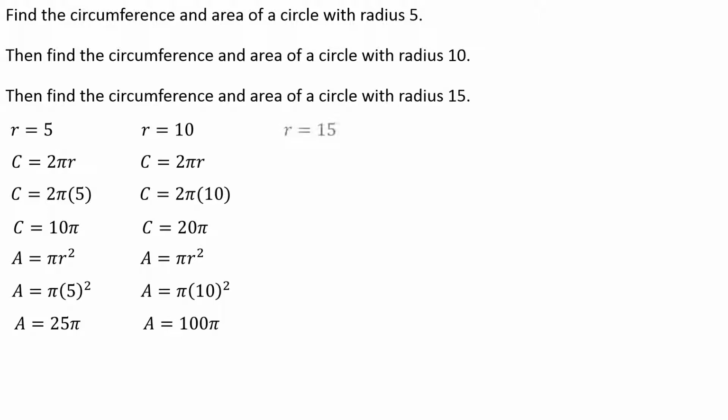Okay, radius of 15. Circumference, of course, is 2 times pi times the radius. So I need to do 2 times pi times 15. 2 times 15 is 30, so the circumference is 30 pi.